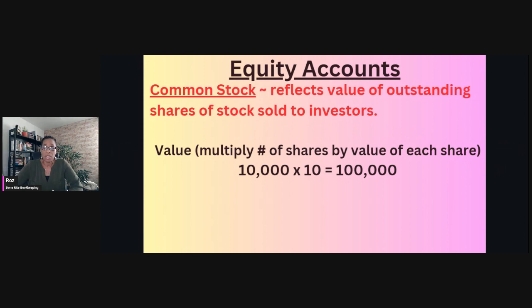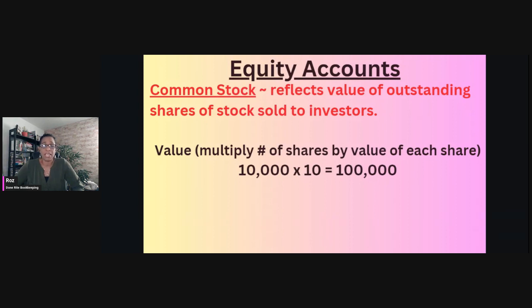So another account is common stock. When I refer to the big corporations like Amazon and Berkshire Hathaway, Tesla, companies like that, it reflects the value of outstanding shares of stock sold to investors. We know that these companies I just mentioned are on the stock market, and they have stocks, and there are shareholders or investors who are purchasing some of those stocks.